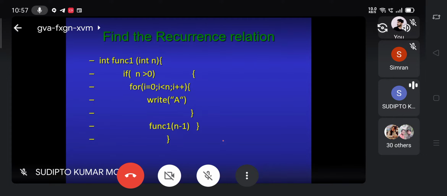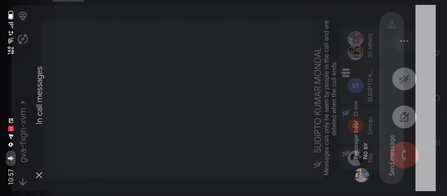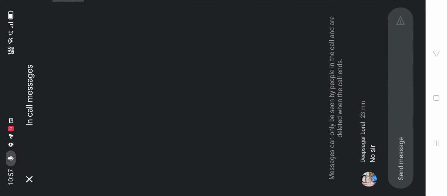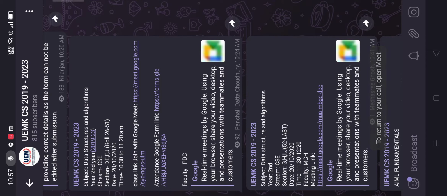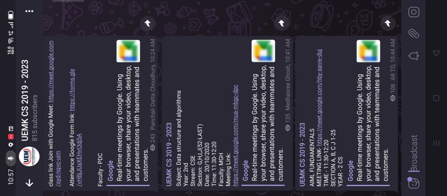Okay, so I hope that you have identified that stepwise frequency. Most probably this is the thing you have already done. Func1, that is the function call, the corresponding function. That means how many times I can call this function 1.